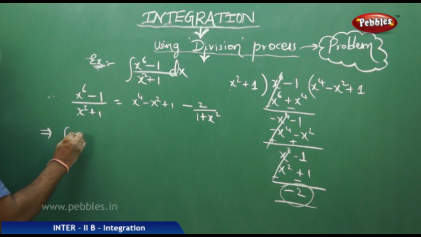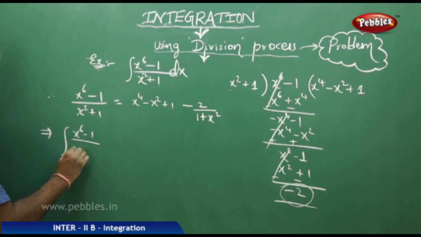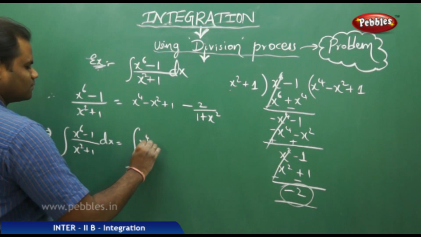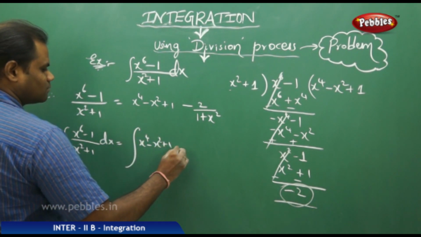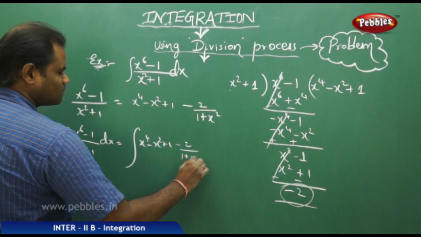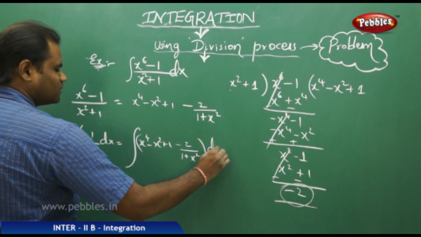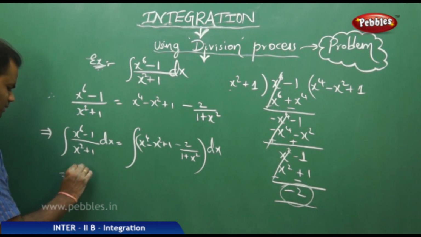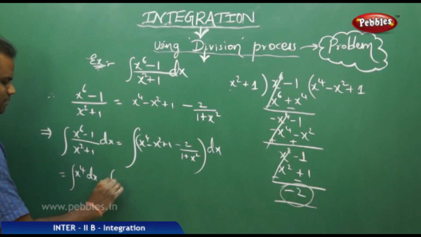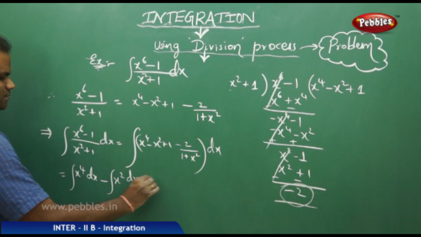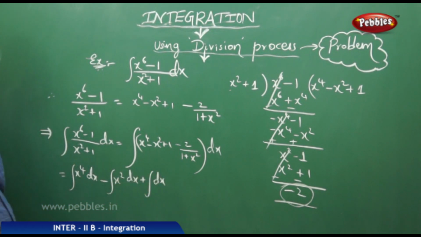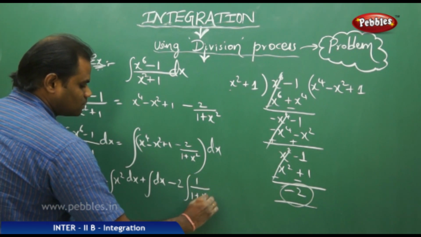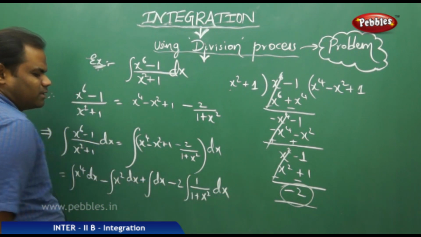Integrating on both sides, I get the integral of the quotient dx, which on splitting gives us integral x power 4 dx minus integral x squared dx plus integral 1 dx, minus 2 times integral 1 by 1 plus x squared dx.